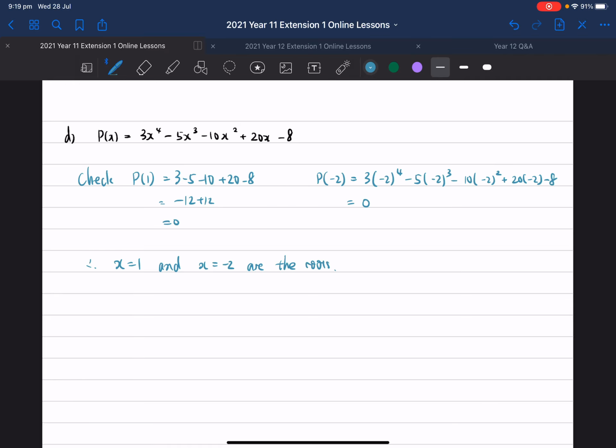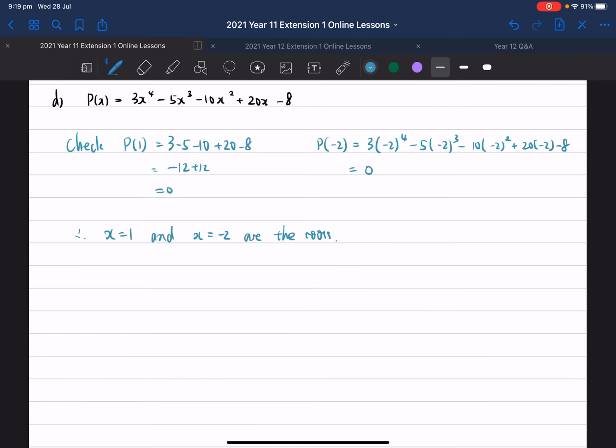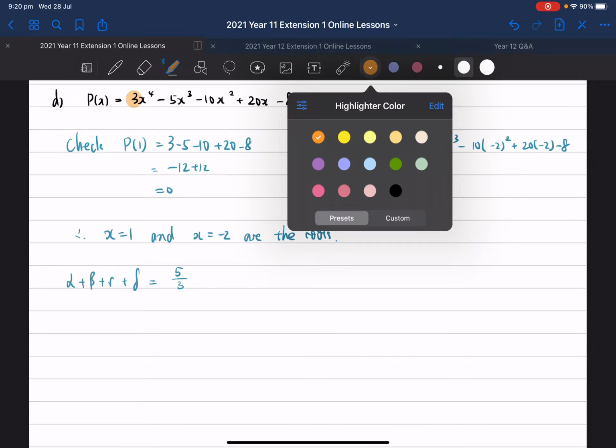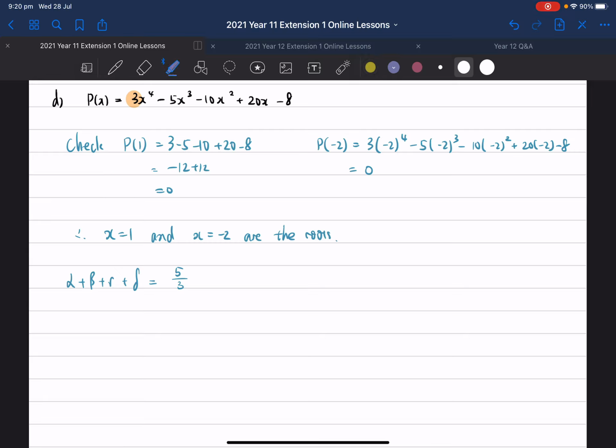Now, what we can do is use the root and coefficient relations. We know that alpha plus beta plus gamma plus delta is equal to 5 on 3, which is negative b on a. I'm just showing you what's going on, which is 5 on 3.